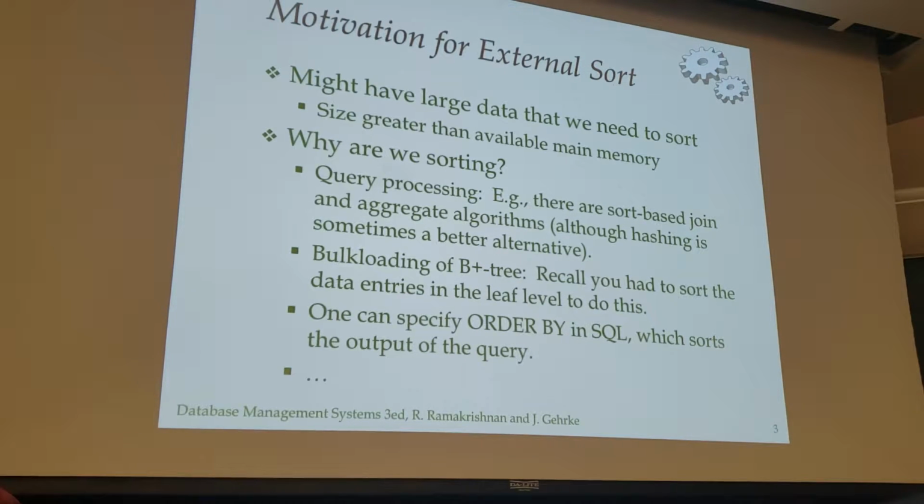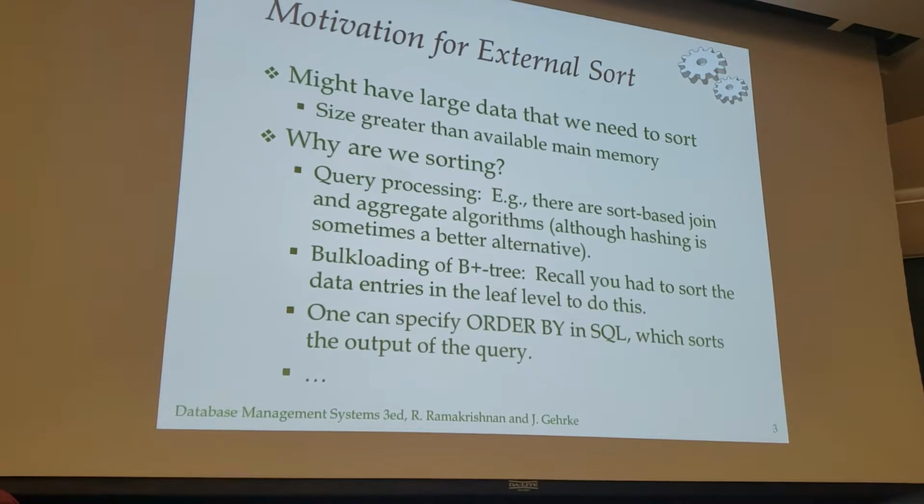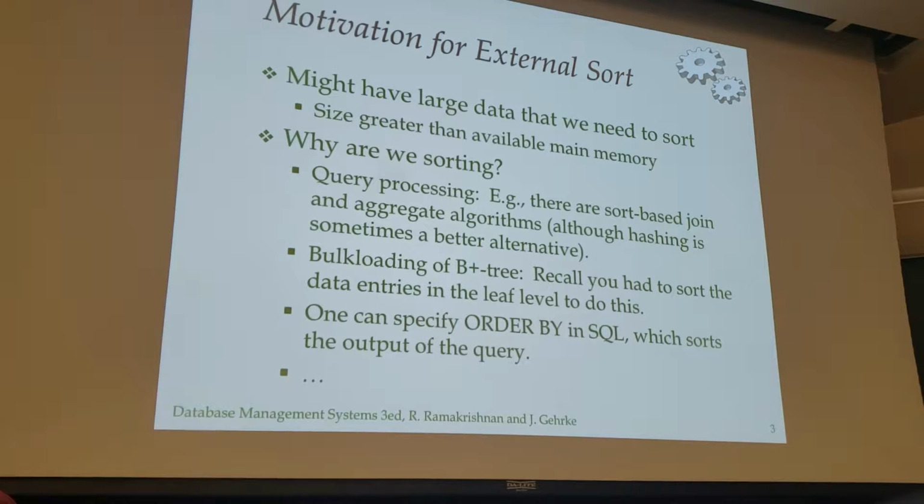If we go back to a couple of lectures ago, when we talked about bulk loading of a B tree, the way that we bulk loaded was we sorted the data based on the field that we had as a search key in the B tree, and so sorting is important for that. You can also have a SQL query in which there's an order by specified.